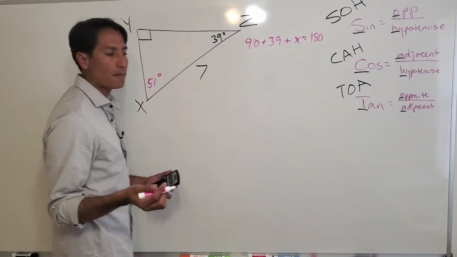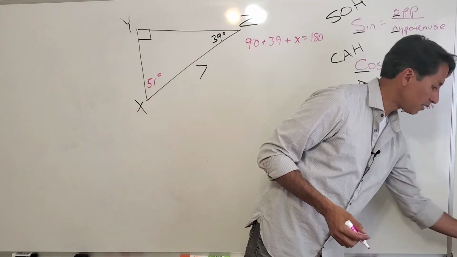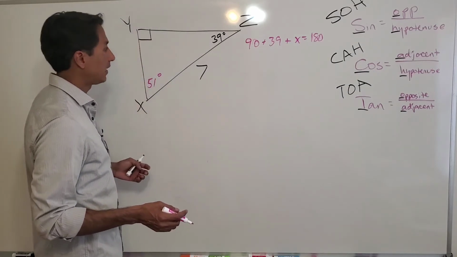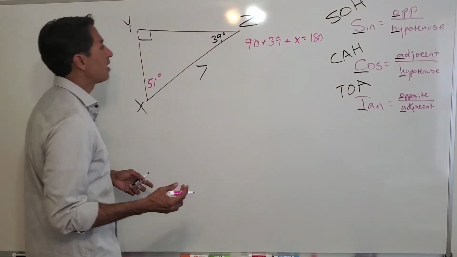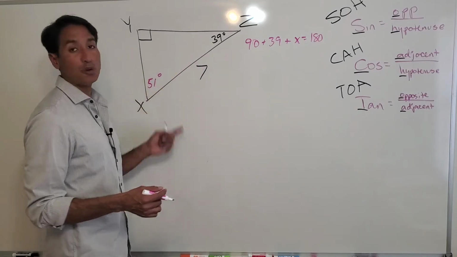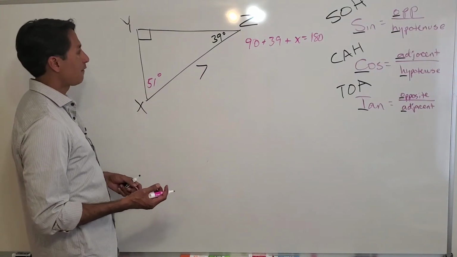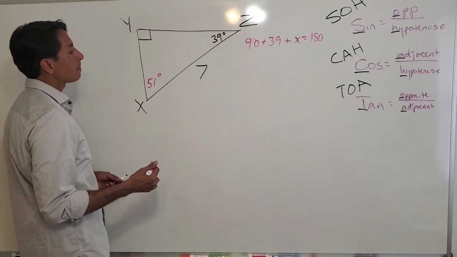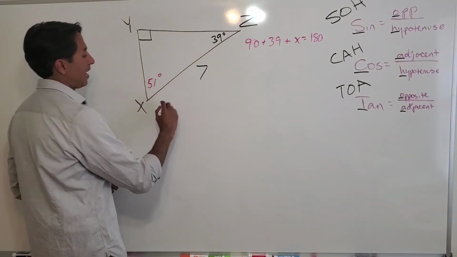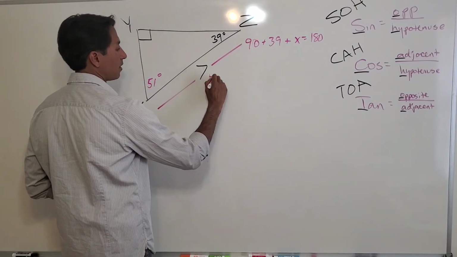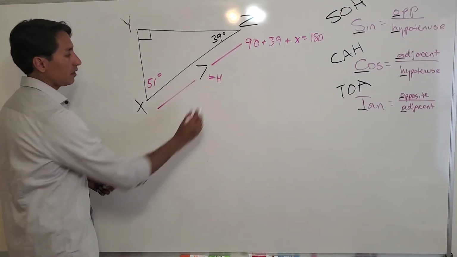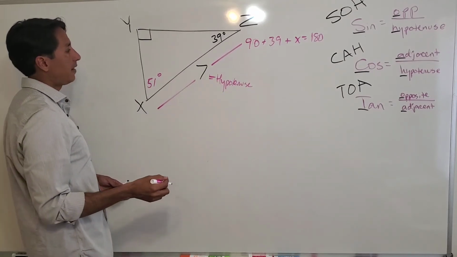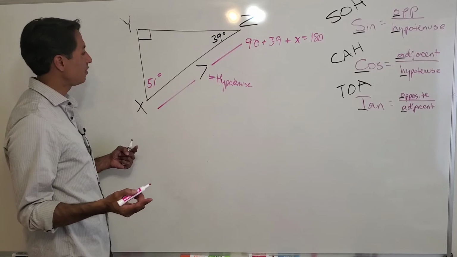Now I need to solve for all my sides, okay? I need to know all of these measures. I need to know these lengths, I should say. I can use either of these 2 angles to solve for the rest of this stuff. Since I found this angle, why don't we use that and then see what we can get? If I have this measurement and I have the hypotenuse, then what would be the easiest thing to use?